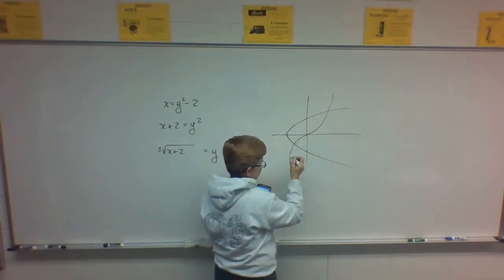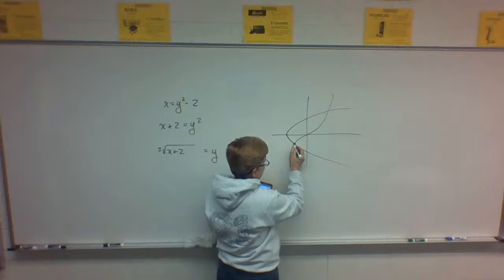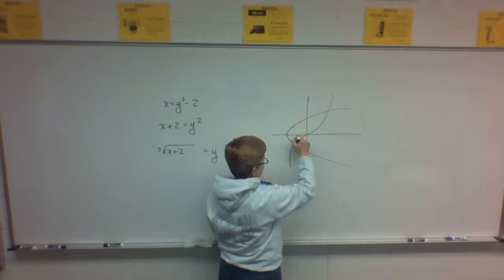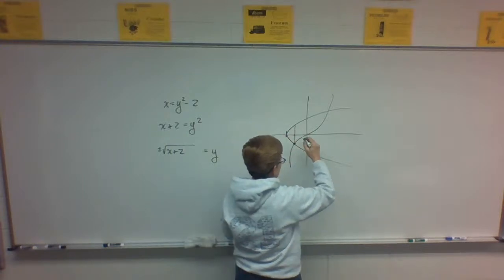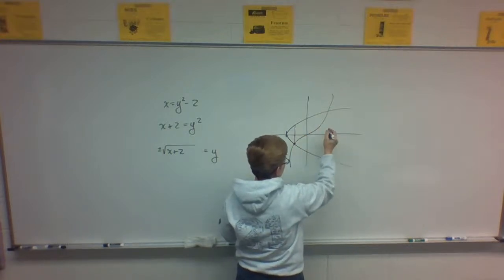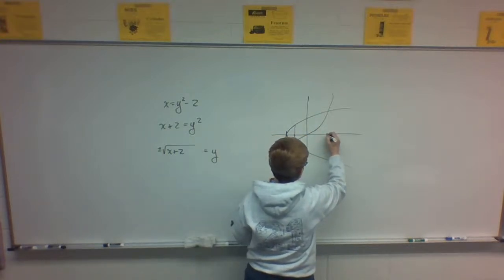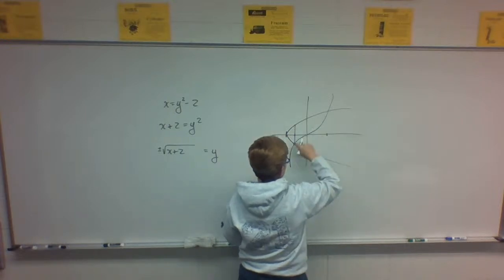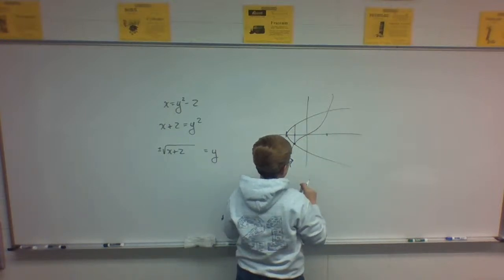To integrate this along the x-axis, I would have to integrate this curve minus this curve from -2 to that region right there. That would give me that right there if I did that. And then this dominates this throughout the rest of it. I'd have to integrate from here to here, wherever that cross point is, this curve minus this one. Would that work? Yeah, I think it would.